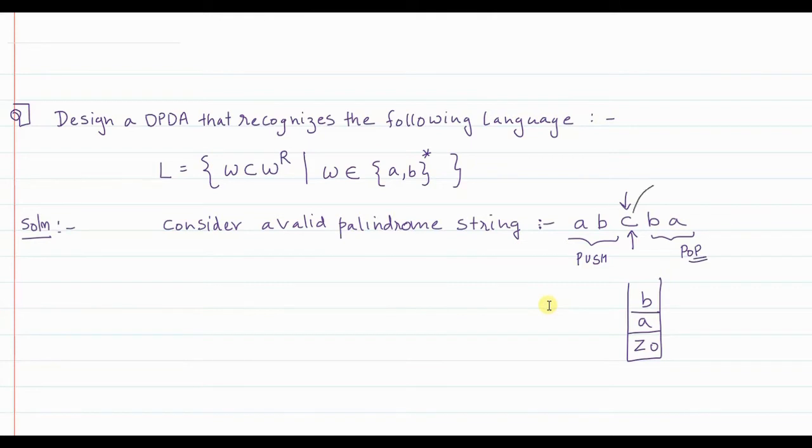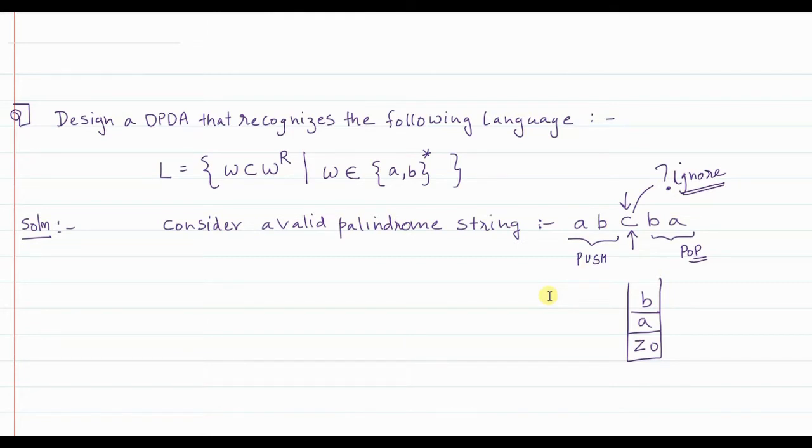Now what do I do to this middle marker character? What operation should I perform for it? Anyway, this middle marker character is actually not useful to us. It only helps us know that the first half of the string is over and the second half of the string starts beyond this middle marker character. So when we read the middle marker character, we are simply going to ignore it, but we are going to change the state of the PDA.